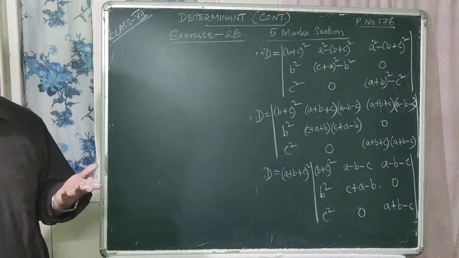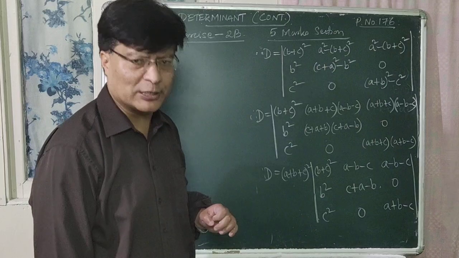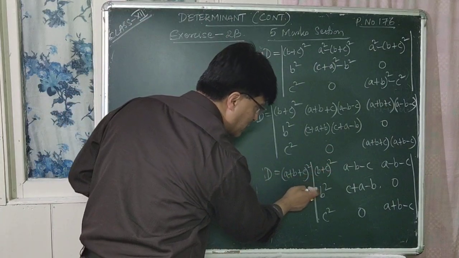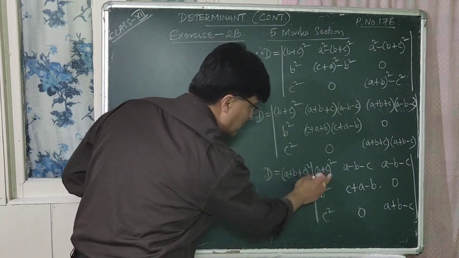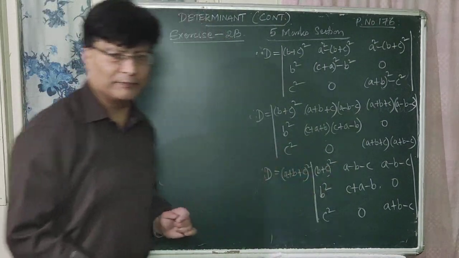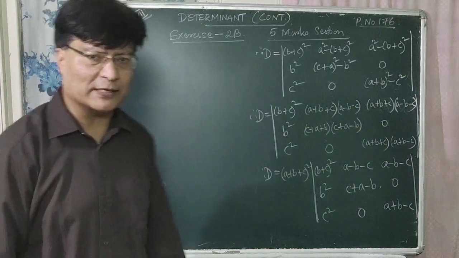That is your A plus B whole square, isn't it? It will be B square plus 2BC plus C square. If you write R1 dash is equal to R1 minus R2 minus R3, this B square gets cancelled, and C square gets cancelled. That is, you will get only 2BC here. So let us use that property so that it will be easier for you to simplify it, isn't it?